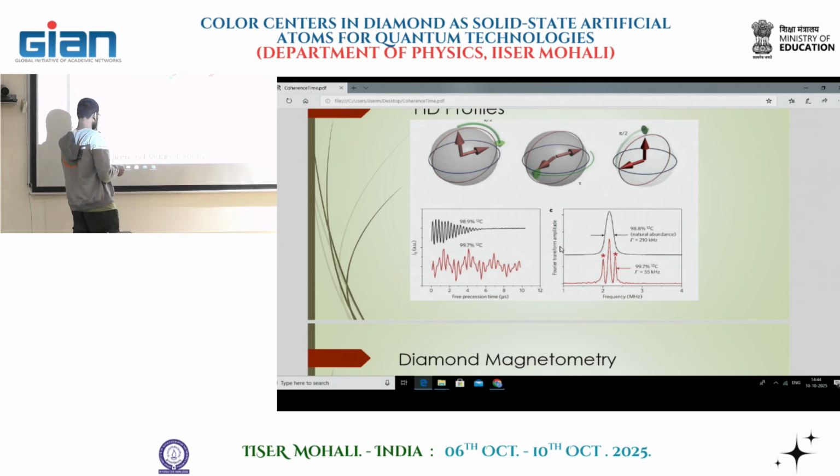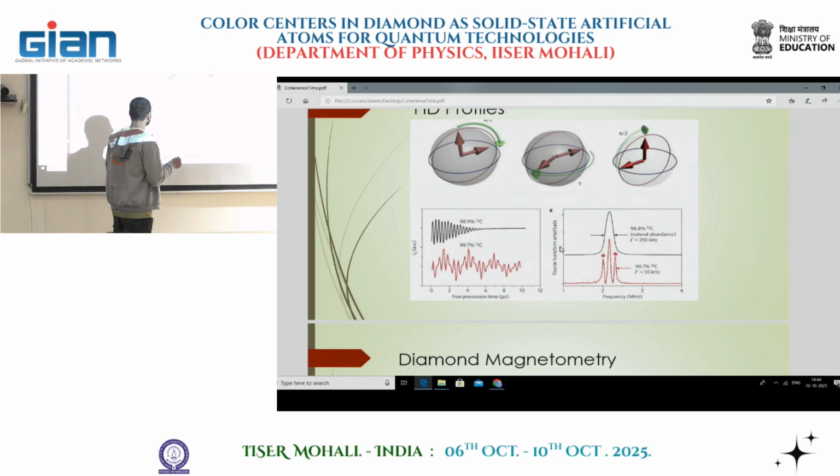But in case of the other one, which lacks 13C, well, I won't say lacks, but it has 13C in a very minute quantity, the FID has these significant oscillations. When you take a Fourier transform of this, for the normal diamond lattice you get this kind of structure, which is basically for this frequency.